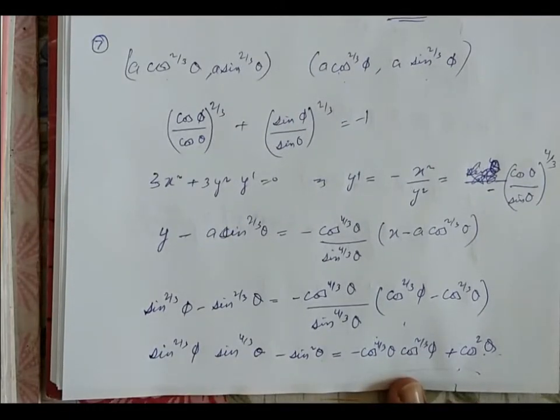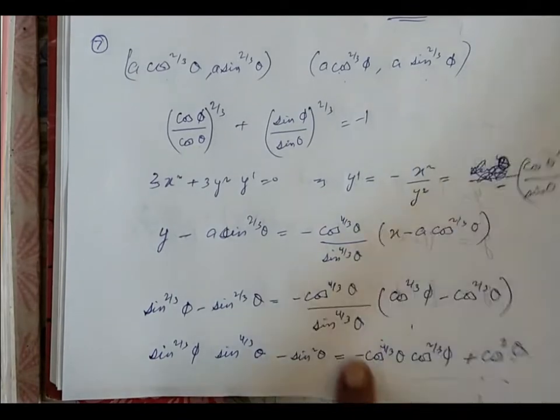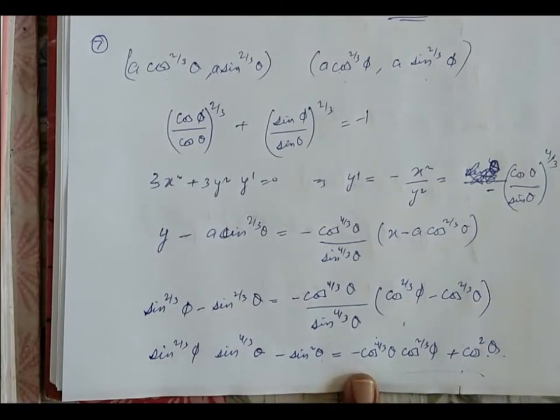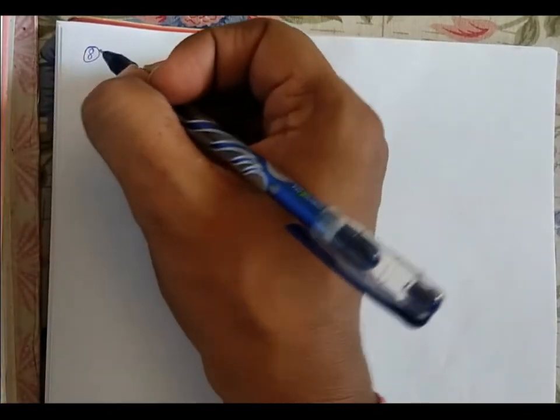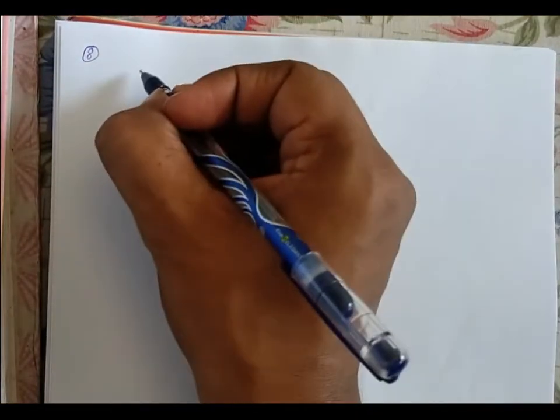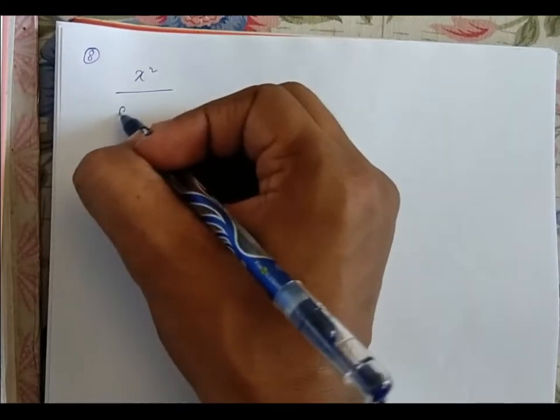Moving on to the next question, question number 8. Show that these two curves intersect orthogonally. Okay, so first let's find the relation between the points of intersection of these two curves.